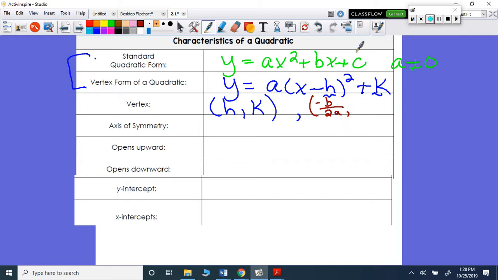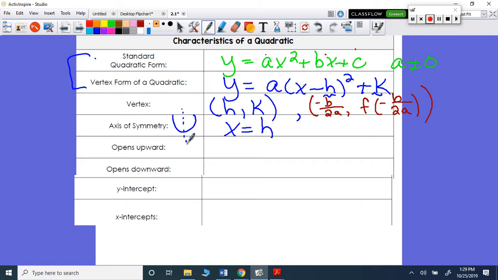Taking the coefficients and doing this work gives you the x coordinate of the vertex. Then if you plug that answer into your original equation, that'll give you the k. The axis of symmetry cuts your graph right in half. That is always going to be the x coordinate of your vertex.